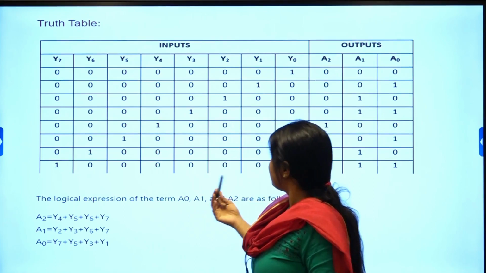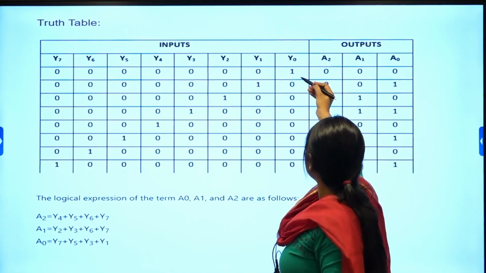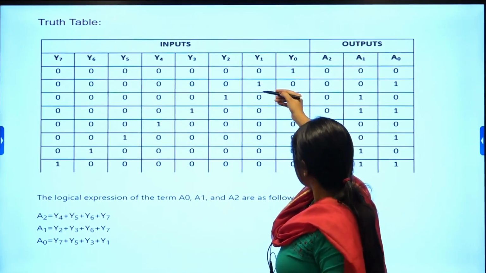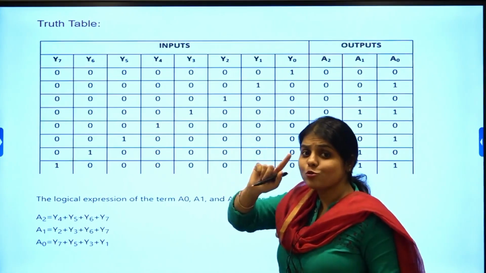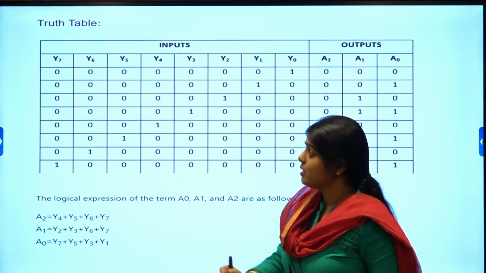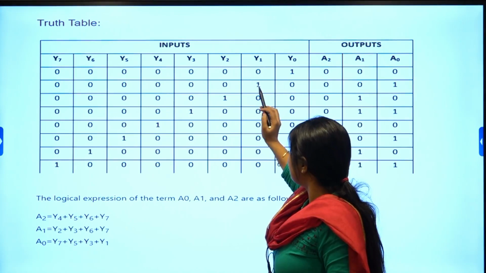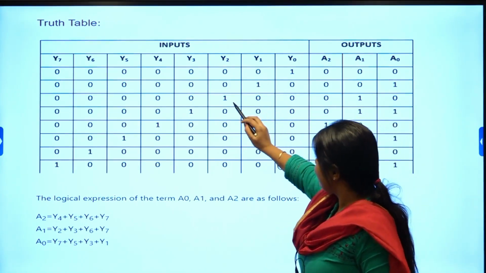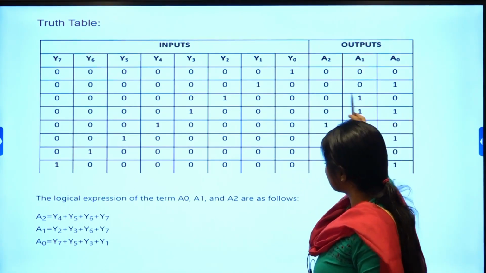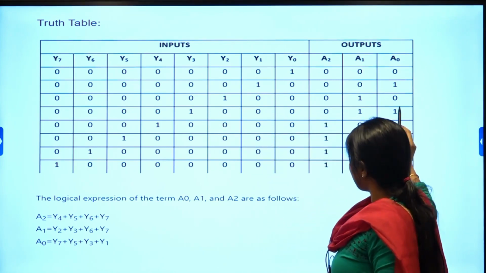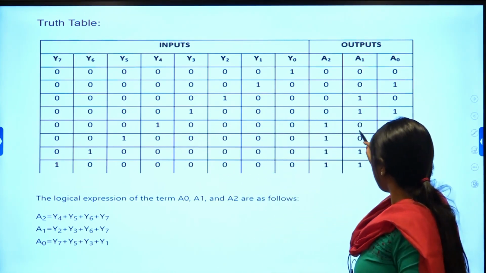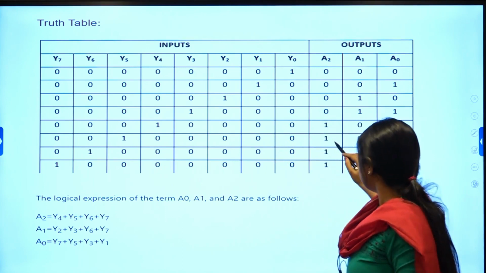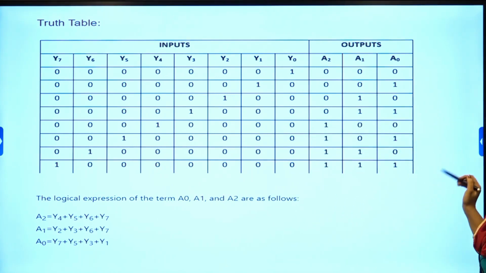Now look at this. Y0 to Y7 are the inputs. When Y0 is high, the output is 0 0 0. Only one of the inputs will be high in an encoder. When Y1 is high, it is 0 0 1. When Y2 is high, it is 0 1 0. When Y3 is high, 0 1 1. When Y4 is high, 1 0 0. For Y5, it is 1 0 1. For Y6, it is 1 1 0.